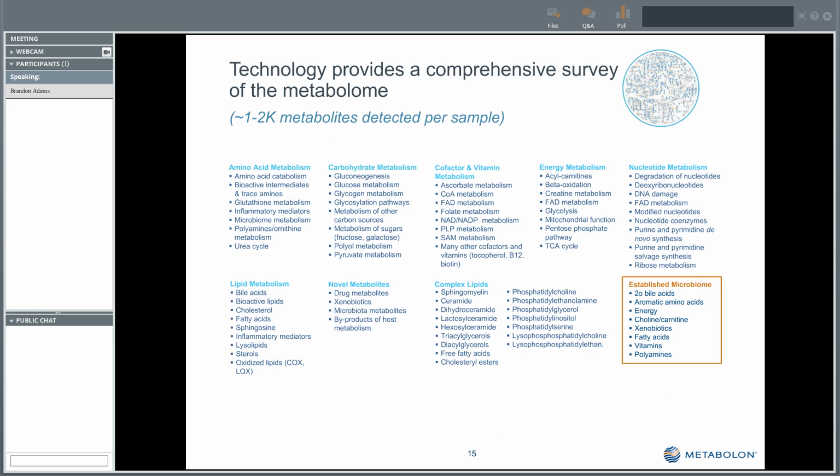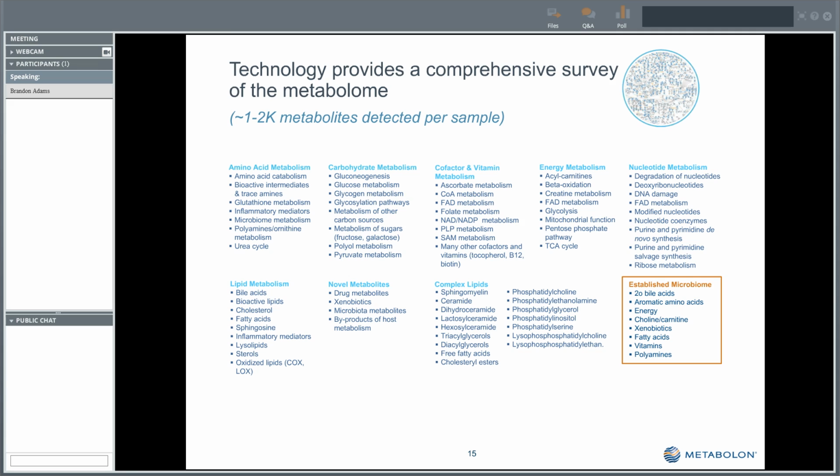And we have done this pretty successfully. In our library, we probably have about 200 metabolites that we know are exclusively or predominantly coming from bacteria. And those include a lot of those secondary bile acids, metabolites derived from aromatic amino acids.